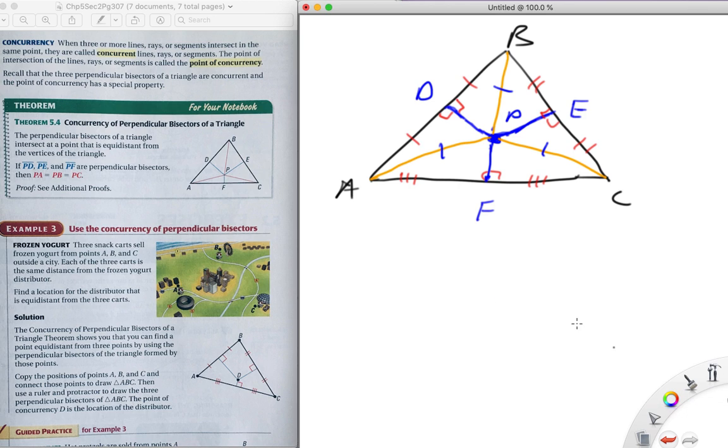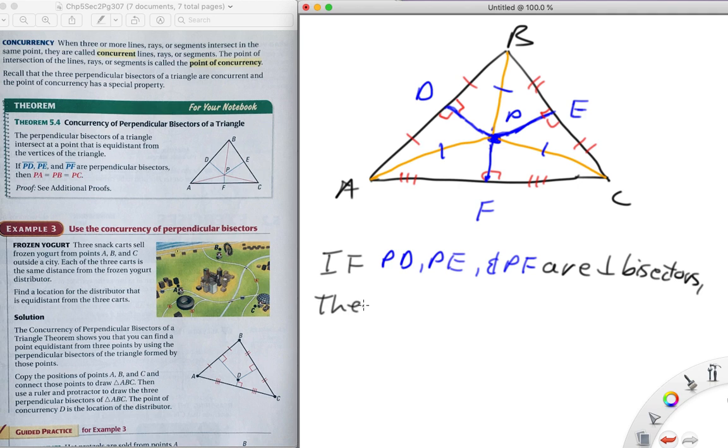So if PD, PE, and PF are perpendicular bisectors, then, and that falls in line with the perpendicular bisector theorem, right?